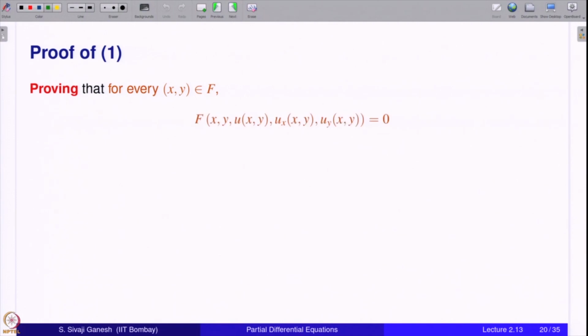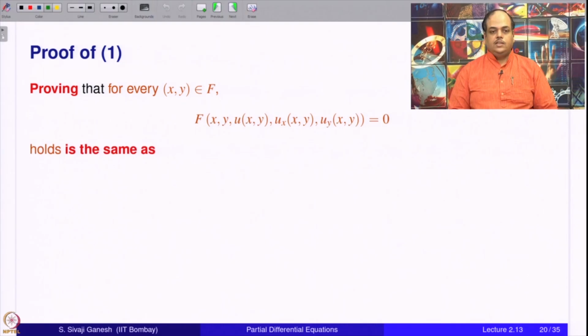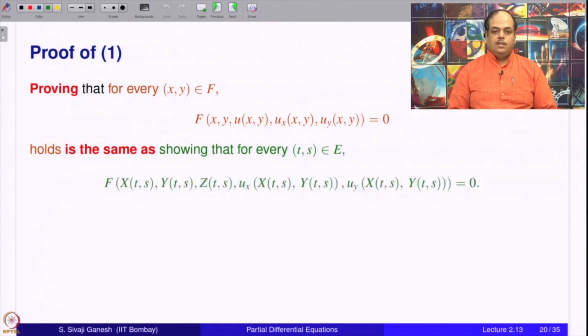So, proving that for every (x,y), u satisfies the PDE, namely f of x, y, u, u_x, u_y equal to 0, holds, is the same as showing that for every (t,s) in E, f of x(t,s), y(t,s), z(t,s), u_x of x(t,s), y(t,s), u_y of x(t,s), y(t,s) is 0. Okay.